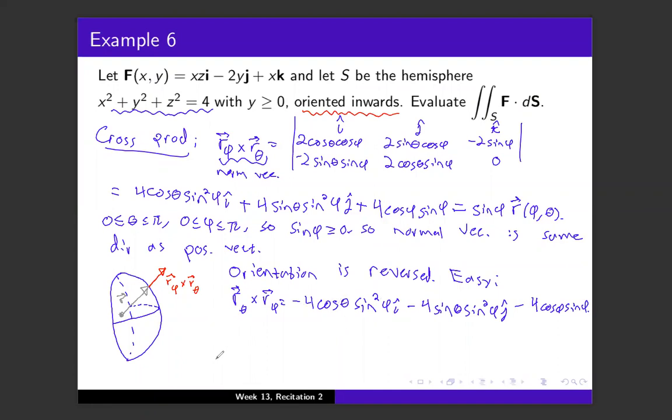All right, so that's great. Now we need to actually calculate this thing. To do that, we're going to need to find what f of r of phi theta actually is. Look at that for a second. What we find is that's going to become 16 cosine theta sine cubed phi cosine phi.